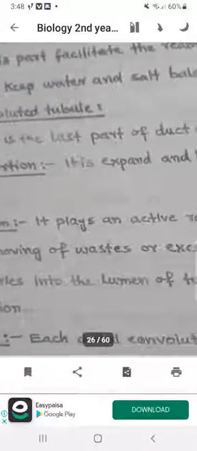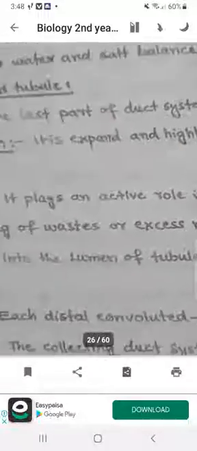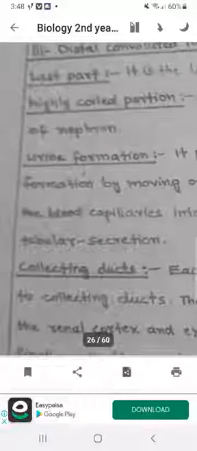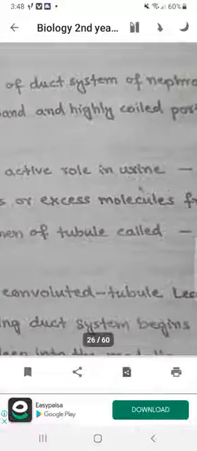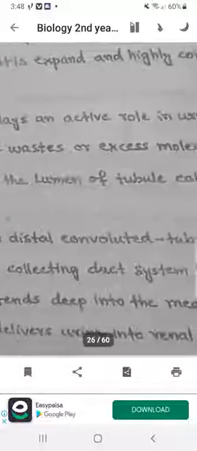Number 3. Distal convoluted tubule, last part. It is the last part of duct system of nephron. Highly coiled portion. It is expanded and highly coiled portion of nephron. Urine formation.